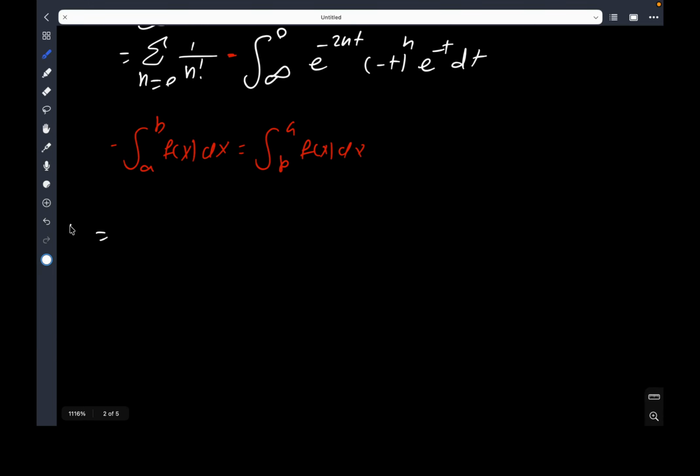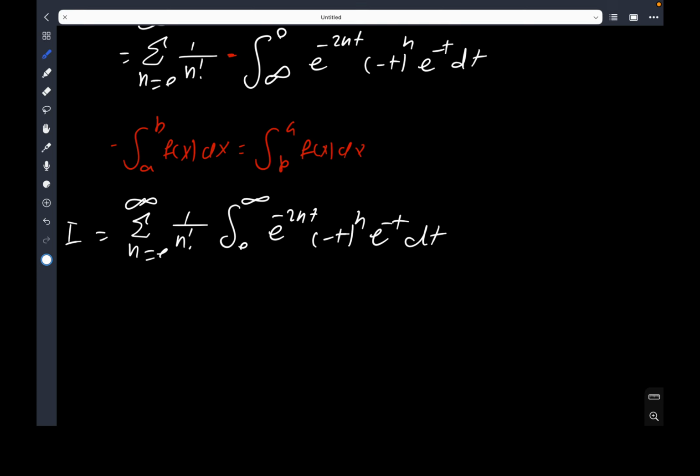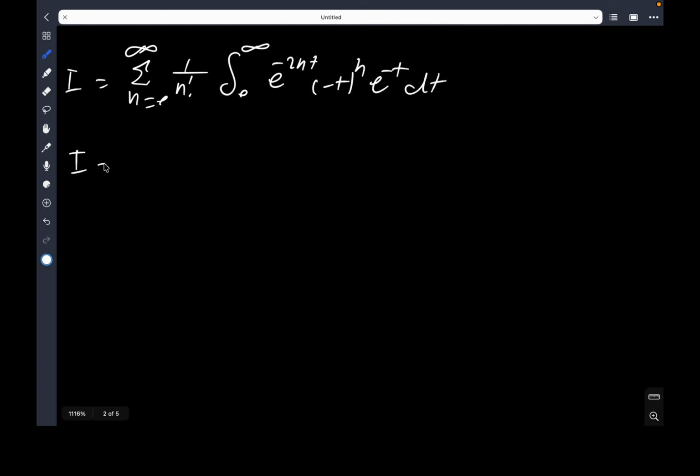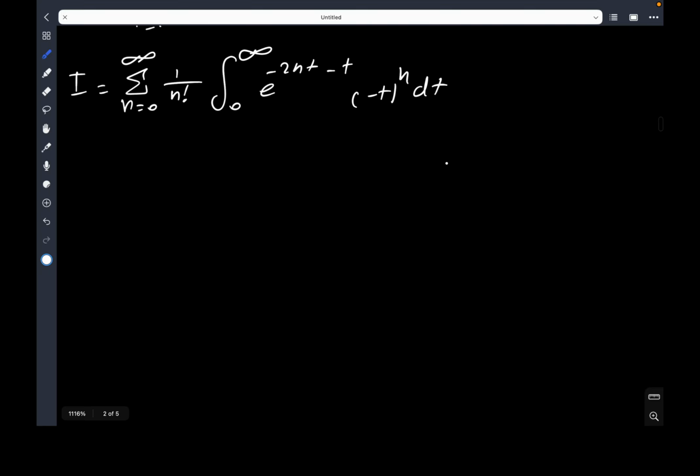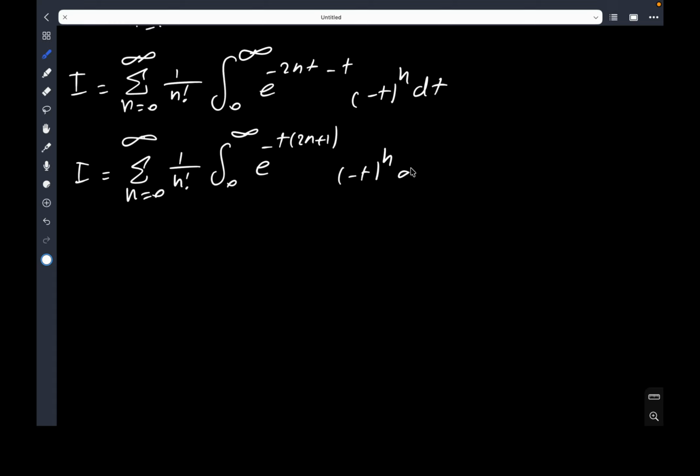Now I can use this property to say the integral is from 0 to infinity of e to the negative 2nt, negative t to the n, e to the negative t dt. Expanding a little bit more: 1 over n factorial, e to the negative 2nt minus t, negative t to the n dt. Sorting it a little more: e to the negative t times 2n plus 1, negative t to the n dt.